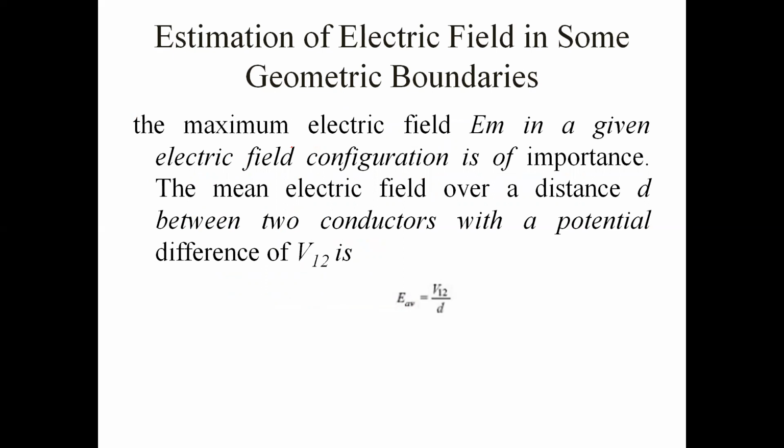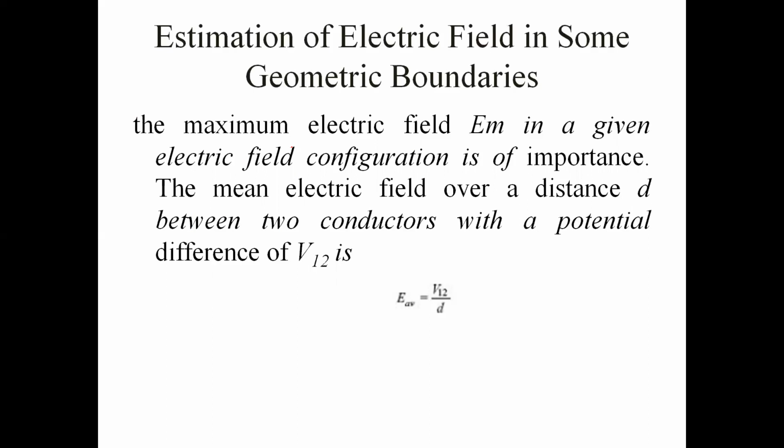This means the electric field over a distance d between two conductors with a potential difference of V12 is given as electric field equals potential by the distance. The maximum electric field, which you can represent by EM, is the ratio of potential difference by the distance.